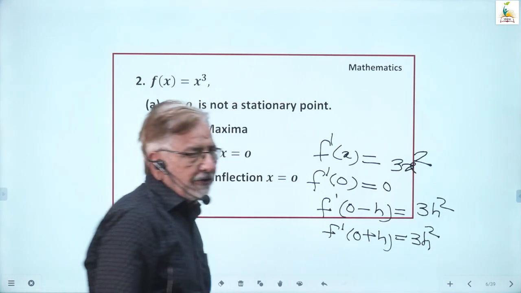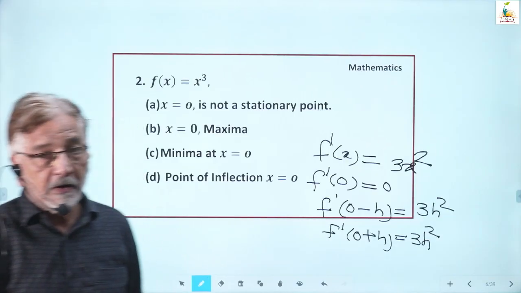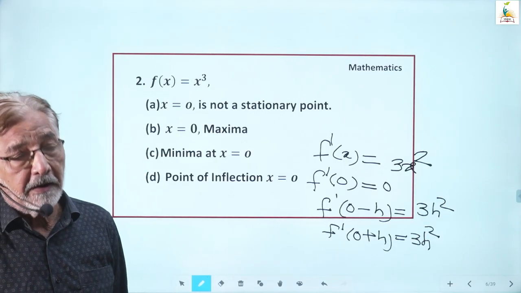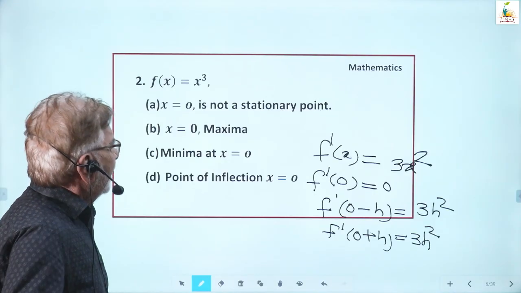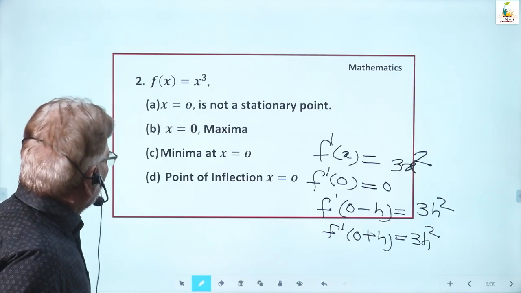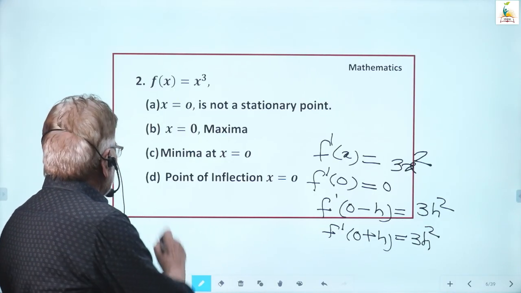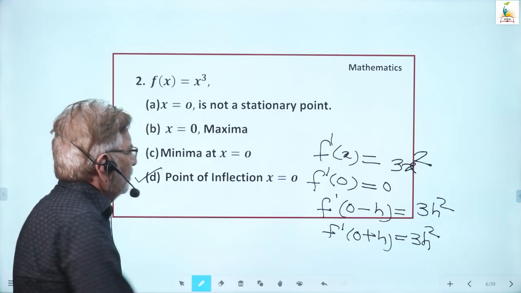Though f dash 0 is 0, it does not change its sign. So function is neither maximum nor minimum. So this is a point of inflection.